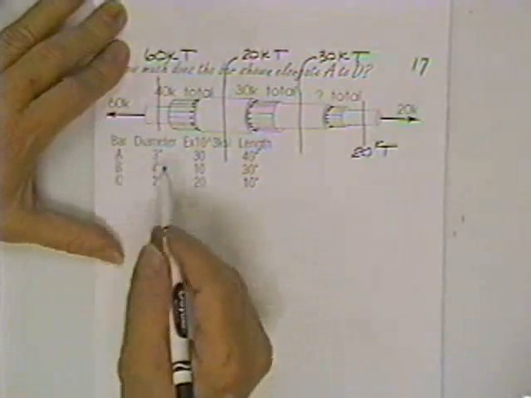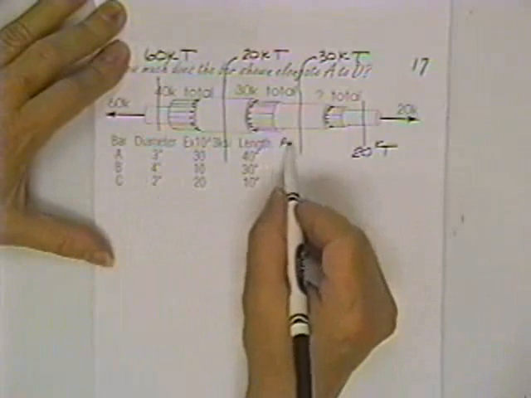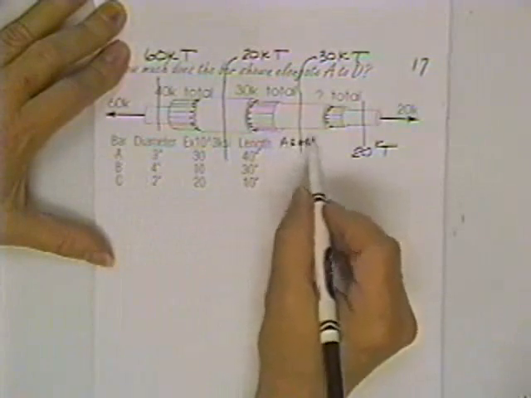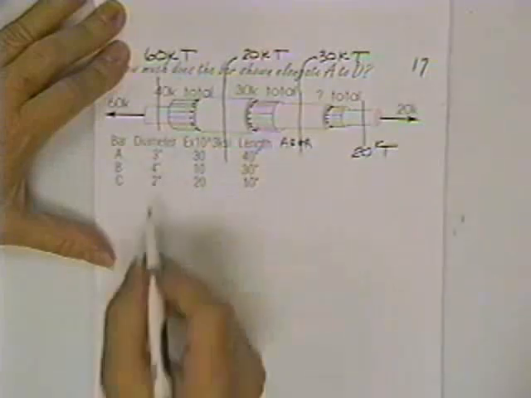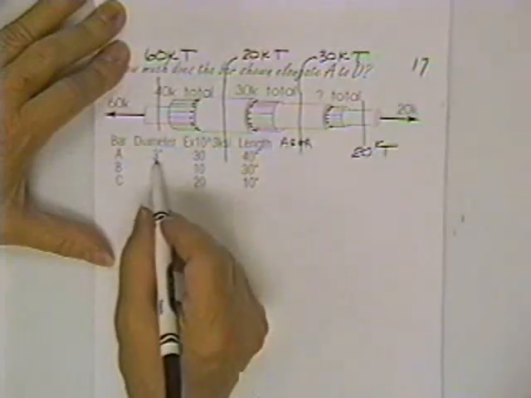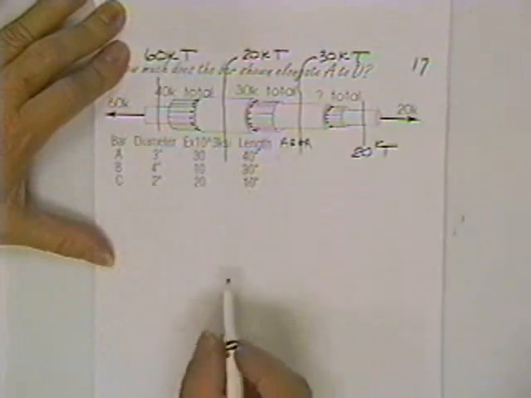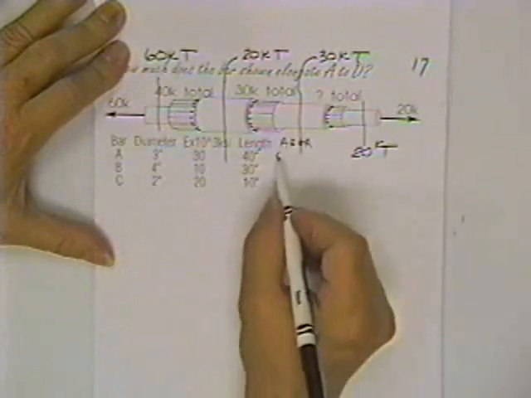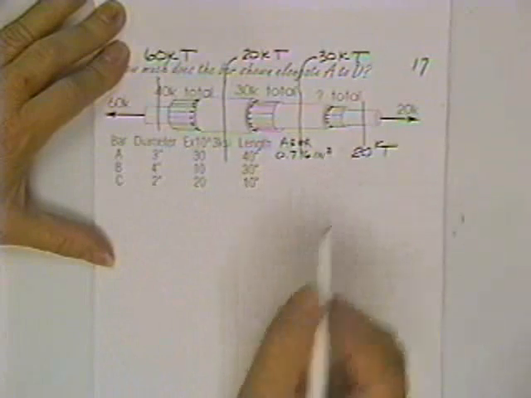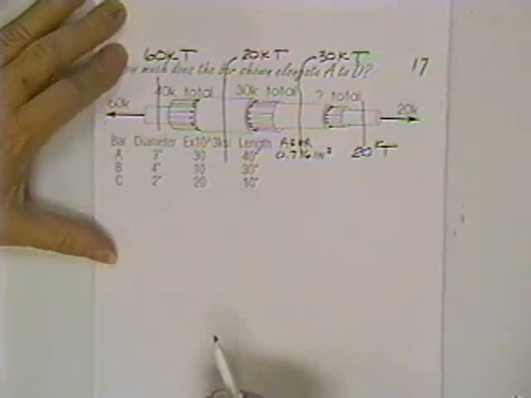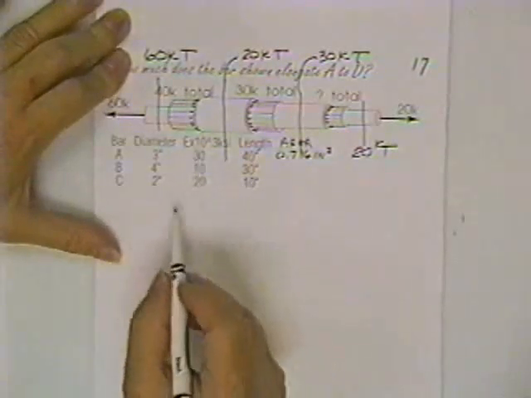Alright, now then, what we need is an area for each one of these things. He told us the diameter, so the area is equal to pi times 3 squared over 4. What do you get for the area of the first one? 0.716 square inches. Oh yeah, here's his E right here.